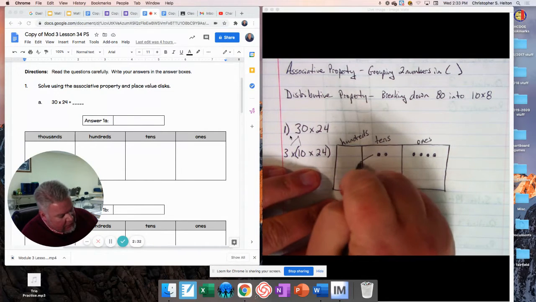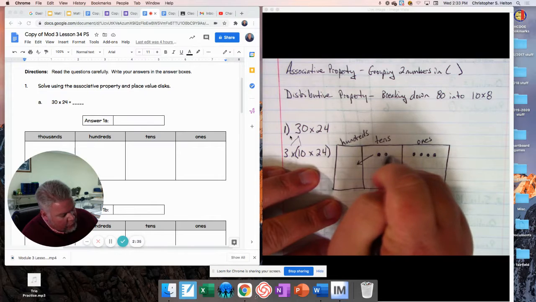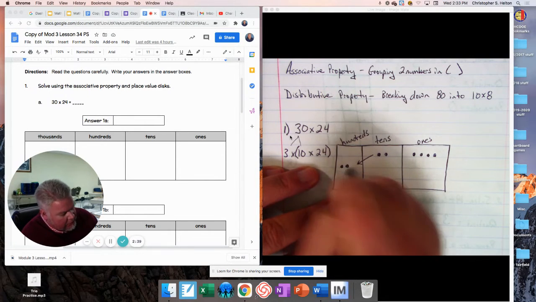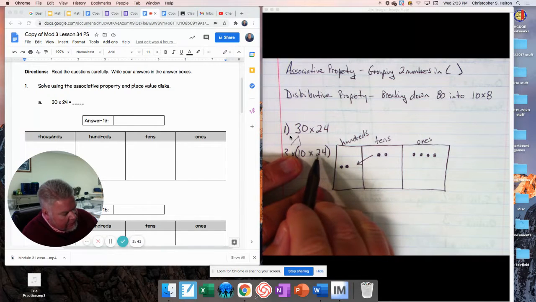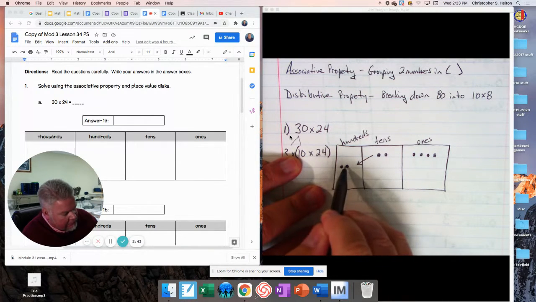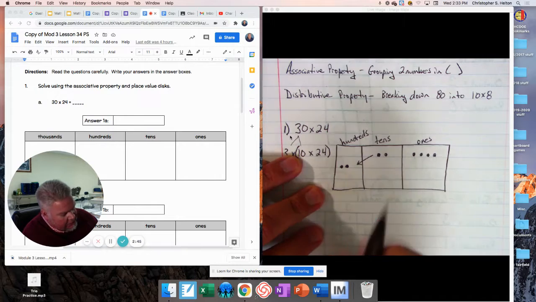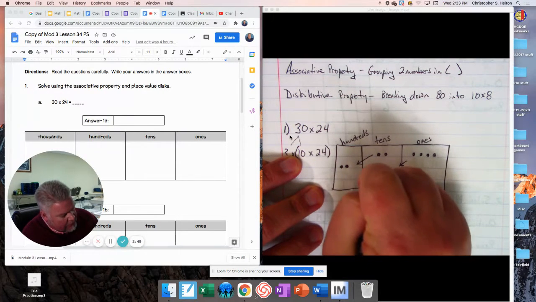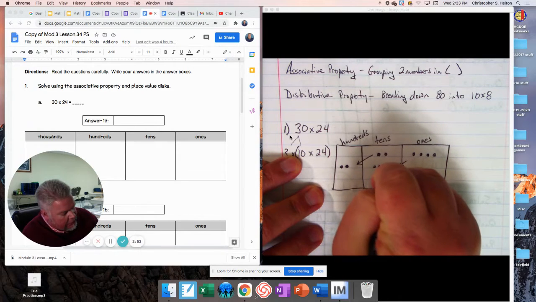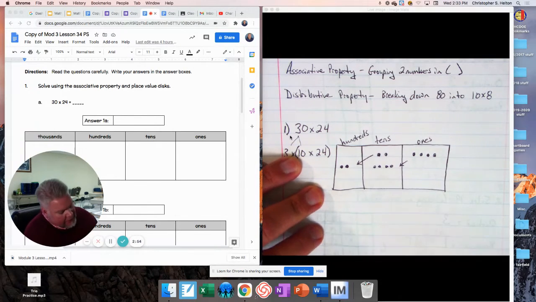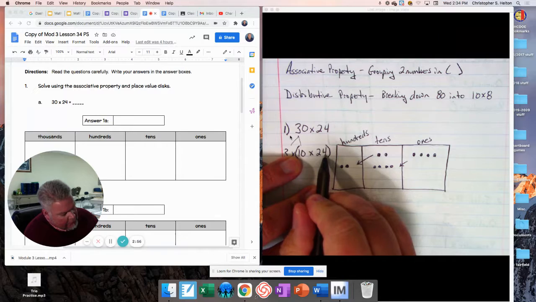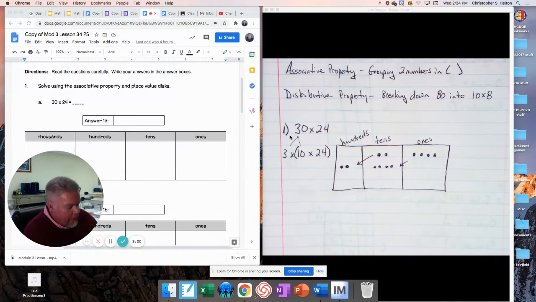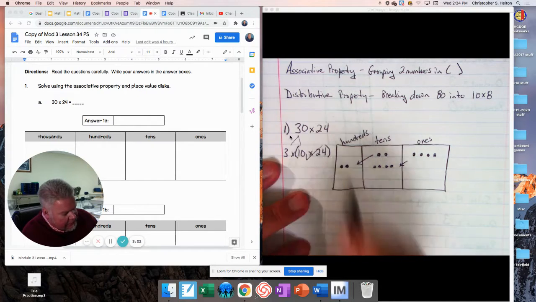So these 2 tens, which is 20, now become 2 hundreds, because what's 10 times 20? It's 200. And these 4 ones now become 4 tens, because what's 10 times 4? 40. So we've done this part now. We've got this part checked off.